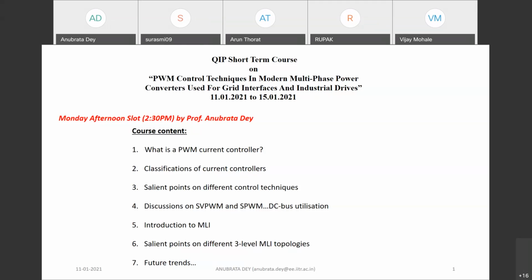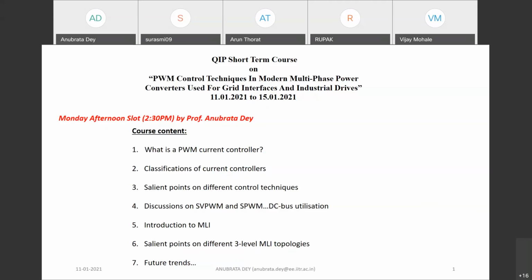Thereby I'll be discussing DC bus utilization, how to increase the utilization of the existing DC bus of any converter system, where you have either DC to AC or AC to DC conversion. Then I'll be talking about multi-level inverters, why they are required and what their advantages are.